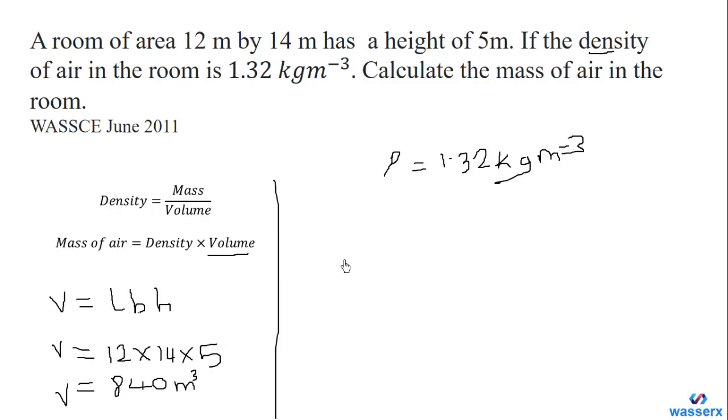So this means that the mass of air in the room is equal to 1.32 times 840, and this will be equal to 1108 kilogram.